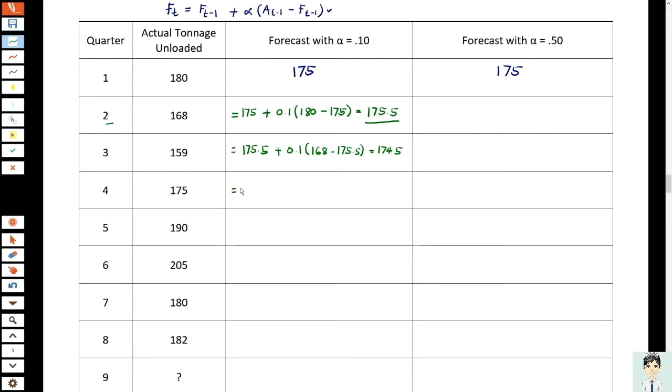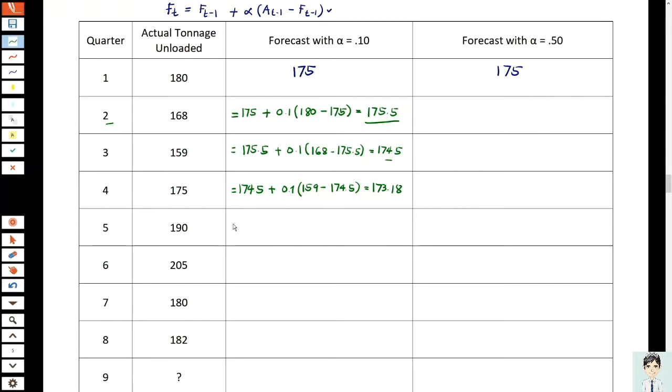For the fourth quarter, our forecast is 174.5 plus the smoothing constant 0.1, and the actual is 159 minus 174.5, which is equal to 173.18.